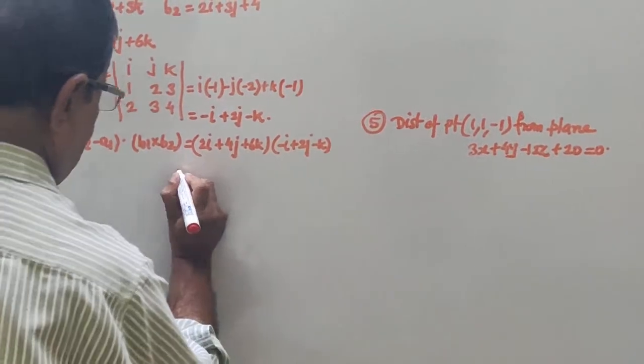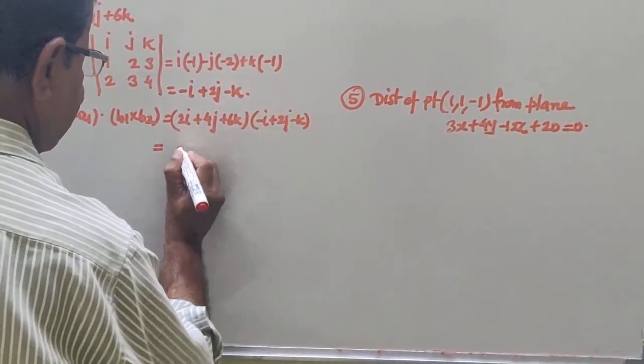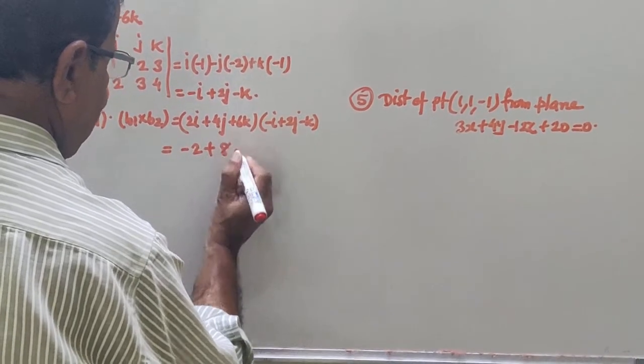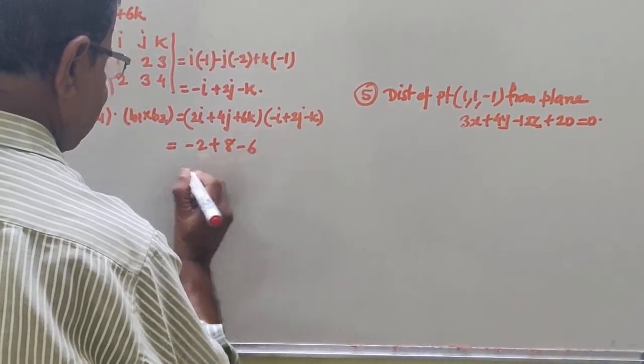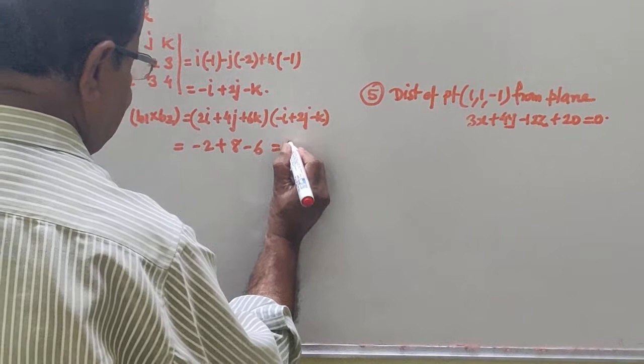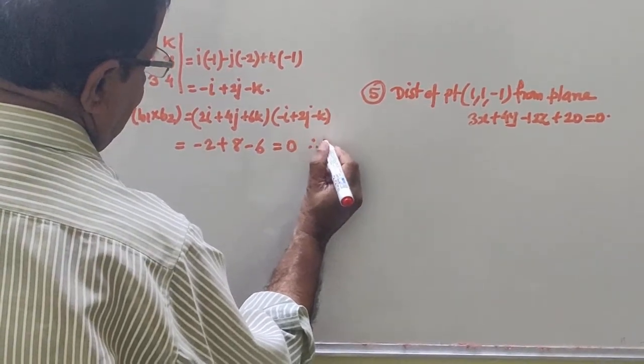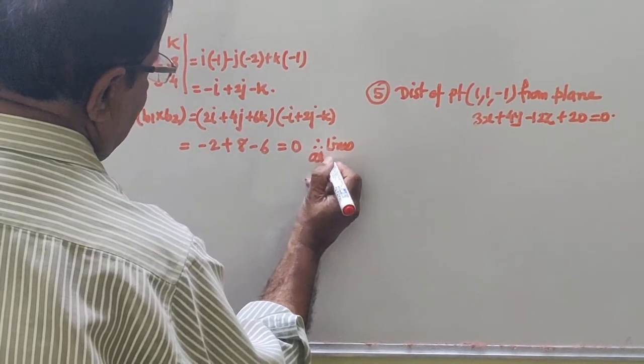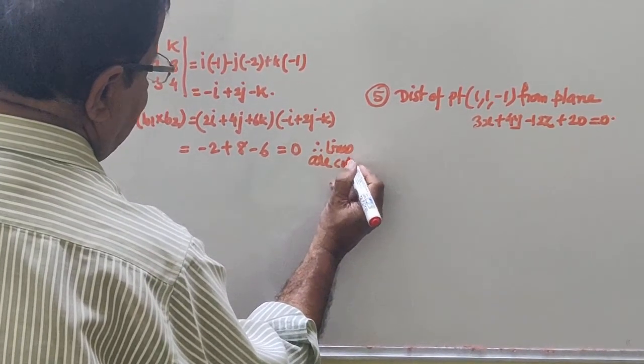Now what will come here? 2 times 1 is 2, means minus 2, plus 4, 2 times 8, and this is minus 6, that is equal to 0. Therefore the lines are coplanar.